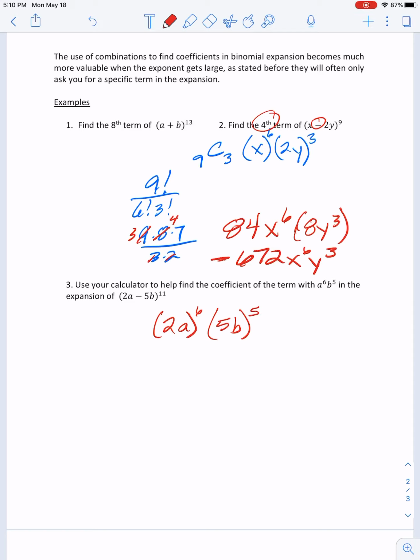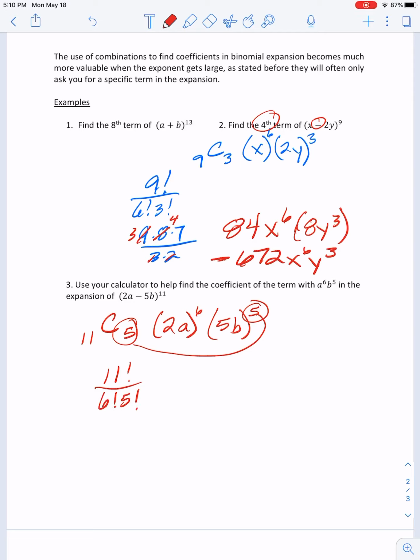Okay, so then we'd say, all right, we need to do 11 choose 5. Remember, this number and that number always match up. And if you were going to do it the long way, it would be 11 factorial over 6 factorial, 5 factorial.